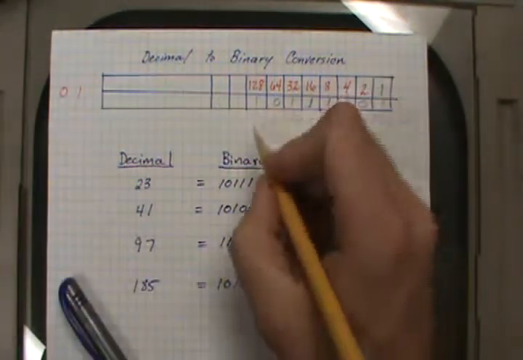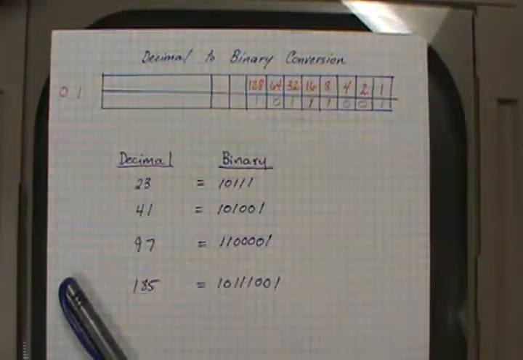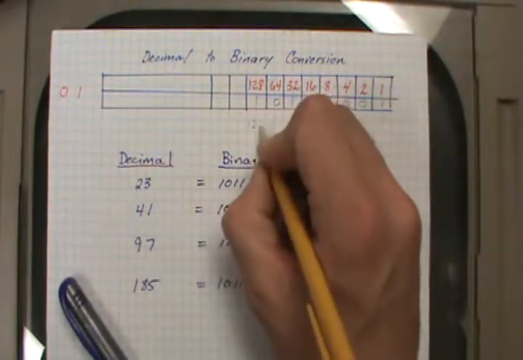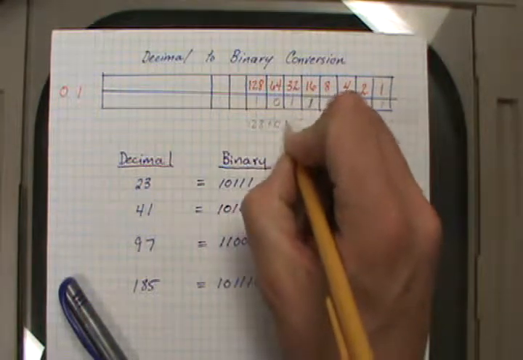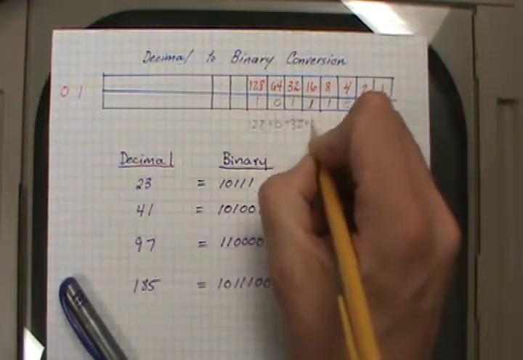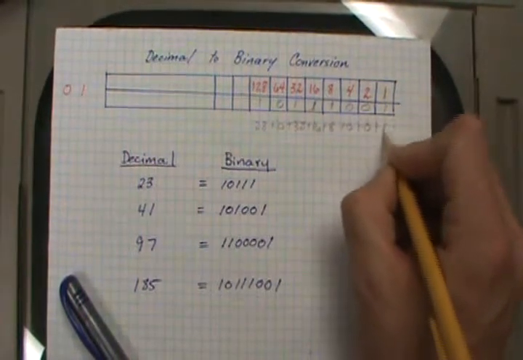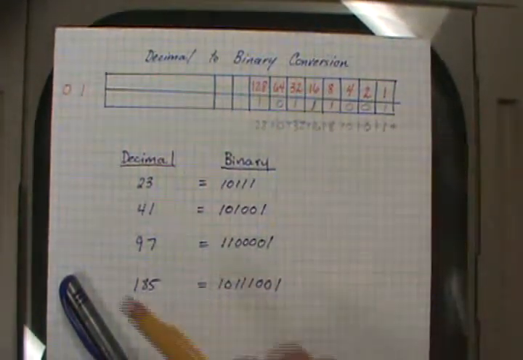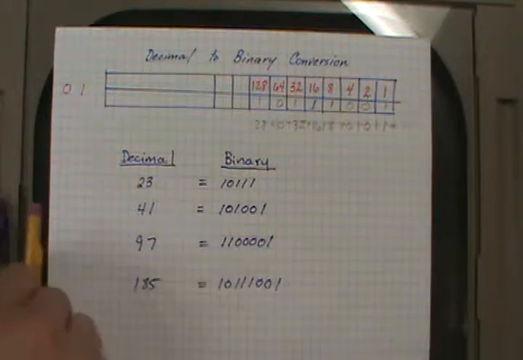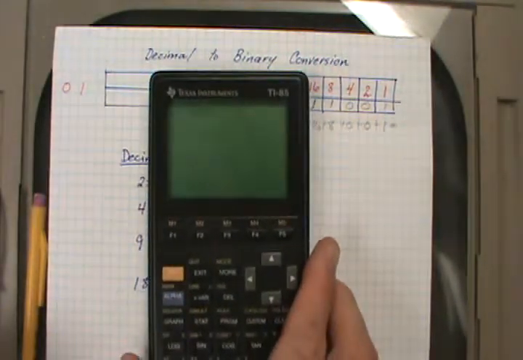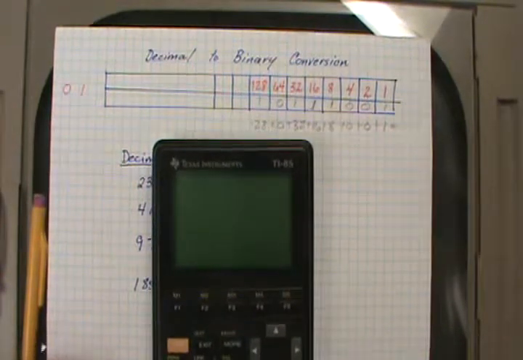So let's just double check our math. Once we start stretching it out long enough, we really want to be thorough and make sure that we are getting the right number. So say 128 plus 0 plus 32 plus 16 plus 8 plus 0 plus 0 plus 1. Often it is beneficial to come in with a calculator.